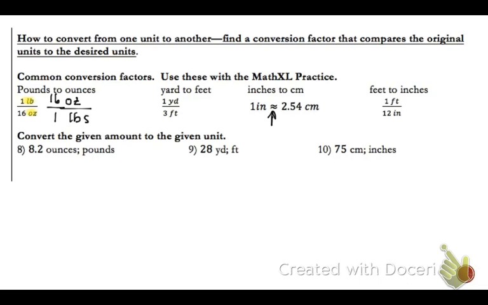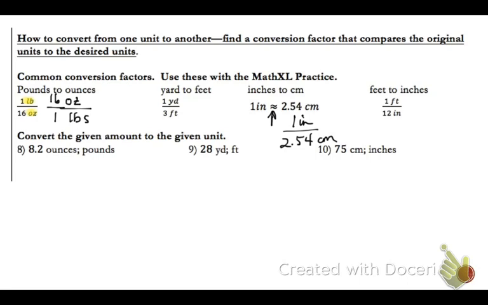If we wrote that as a ratio, we would put one rate over 2.54 centimeters. And then finally, feet to inches, so 1 foot for every 12 inches.